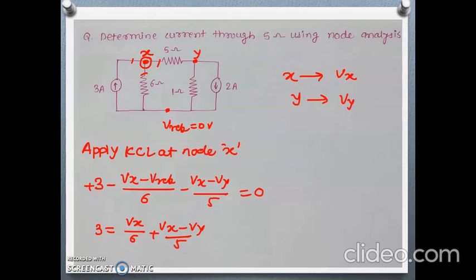Now rearrange this equation. This (1/6 plus 1/5) of Vx minus 1/5 Vy equals 3.